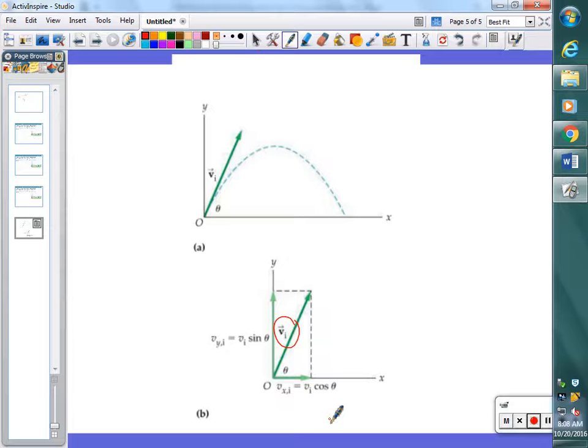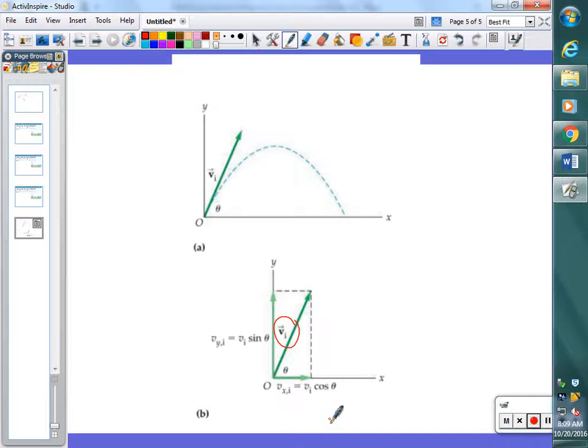All right? So that arrow for VI, we can see on the picture that's labeled A right above it, only applies at the very, very beginning of its flight. After that, it follows that parabolic path. Are we okay with that? Okay.